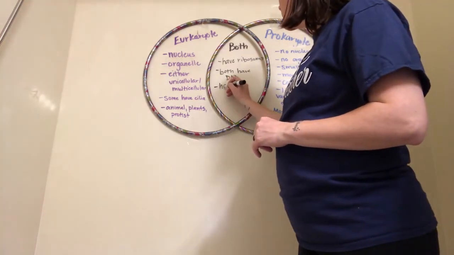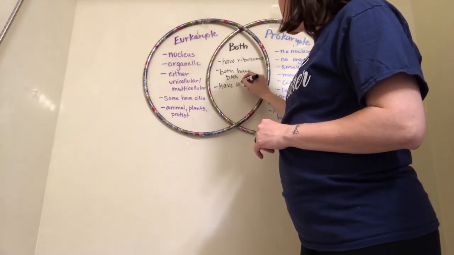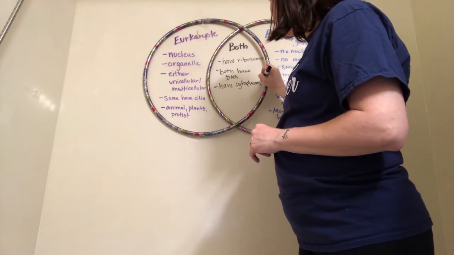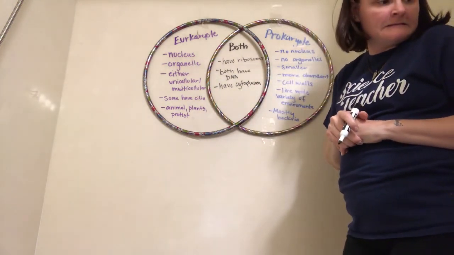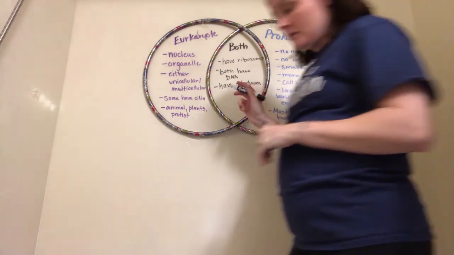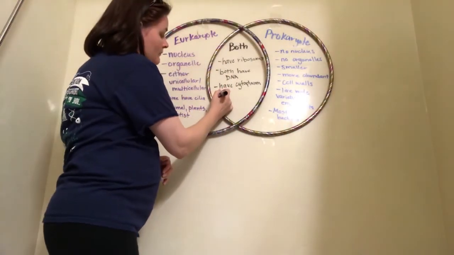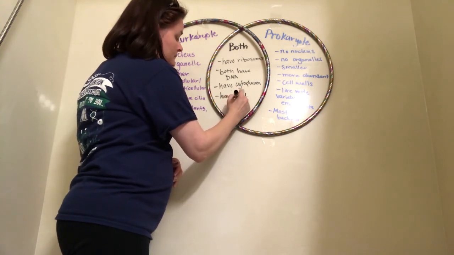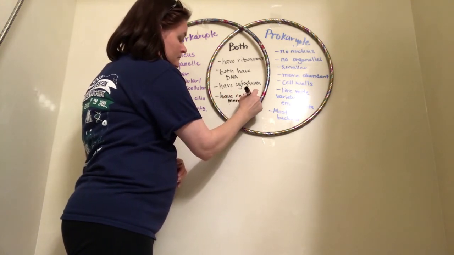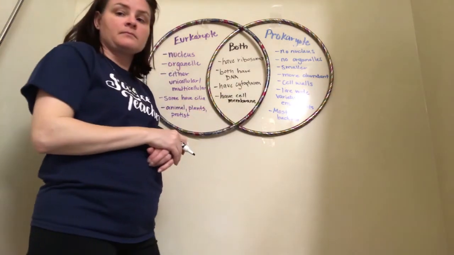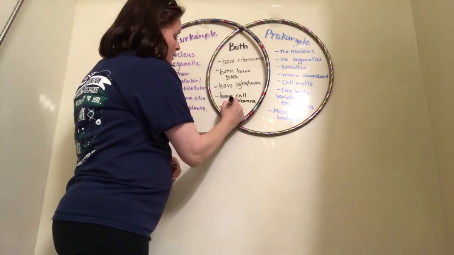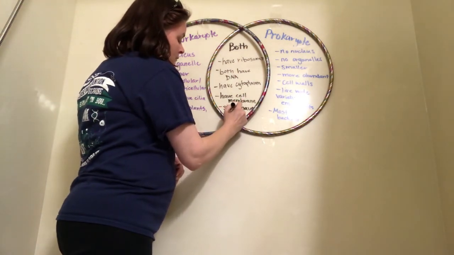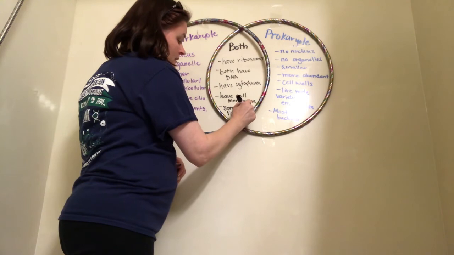They both have cytoplasm. They both have a cell membrane. And some of both, for movement, have what's called flagella.